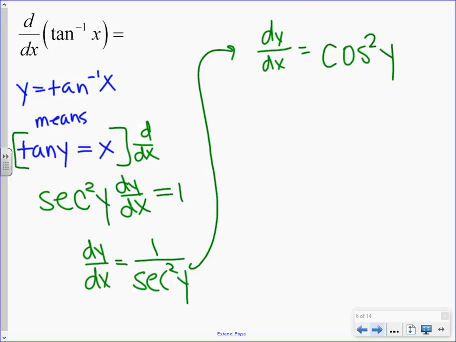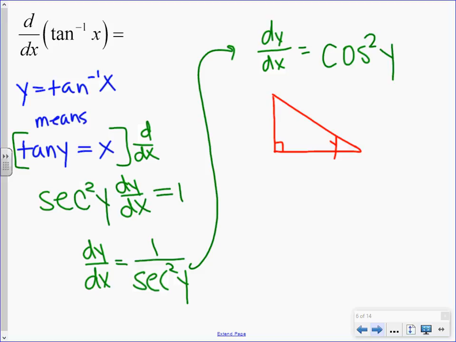Trig means the study of triangles. We have a triangle where y is our angle. And the tangent of y is x, or x over 1.